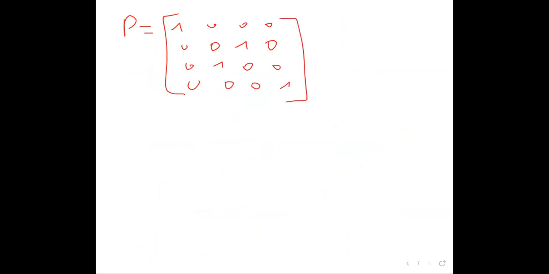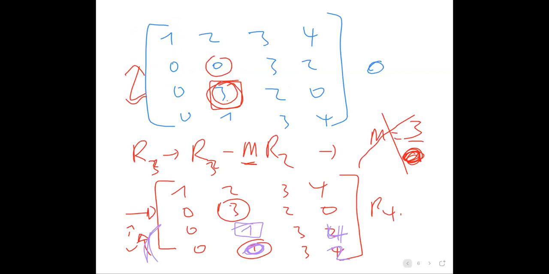So if you have a 4 by 4 where you have done a row 2 and a row 3 exchange, then you know that your permutation matrix will be nothing else but this guy, right? Where it is the identity matrix, but now row 2 and row 3 are exchanged. So let's call this P1, because this is what we used to do this first row exchange.